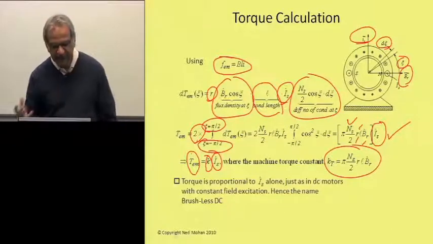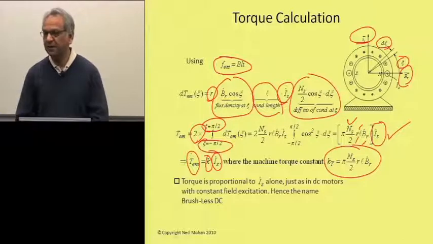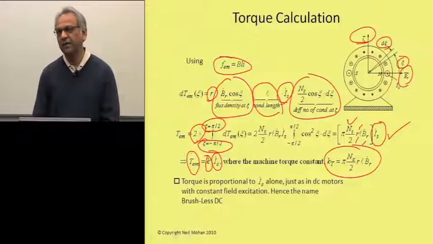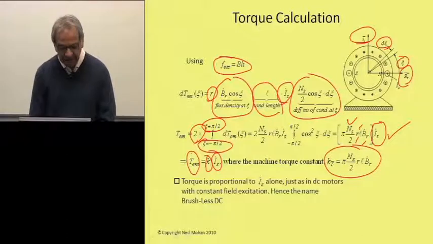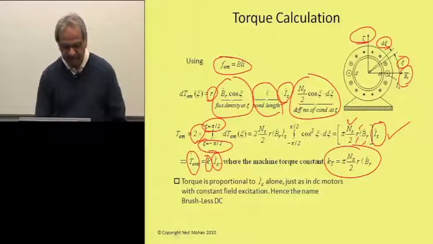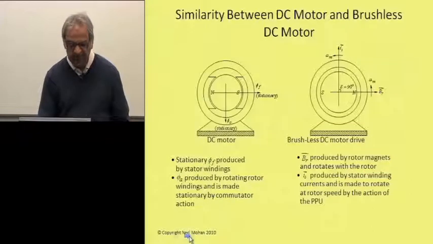So just like in DC machines, permanent magnet DC machines, we can control the torque by controlling the armature current. Similarly, in these machines, so-called brushless DC machines, because there are no brushes, we can control the torque by controlling I_s hat. So that's why this name brushless DC.